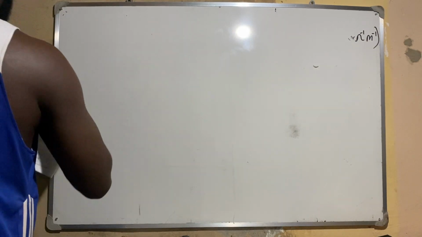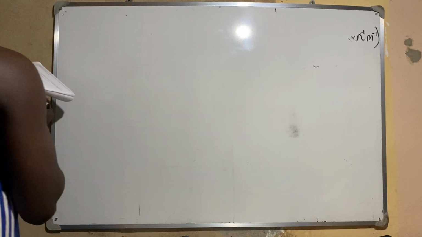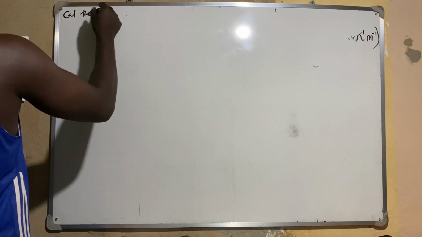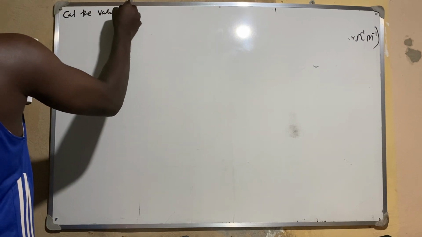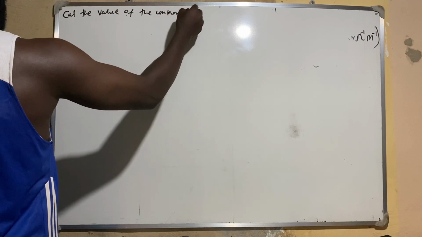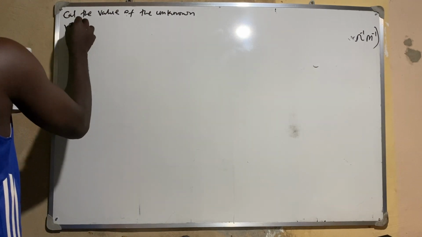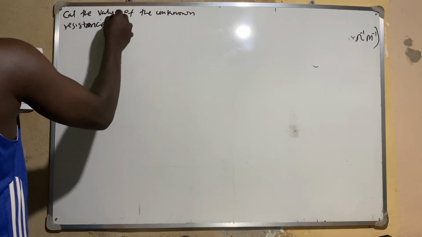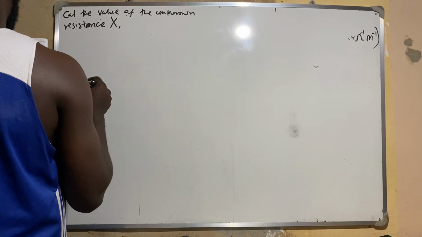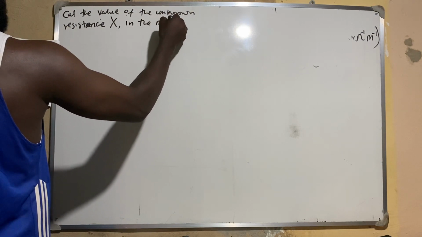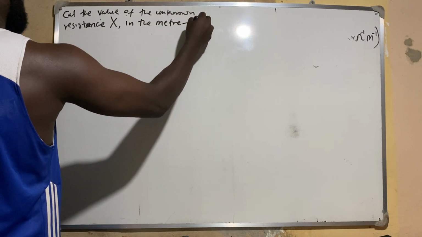The next question, question number 2, said, calculate the value of the unknown resistance X in the meter bridge.